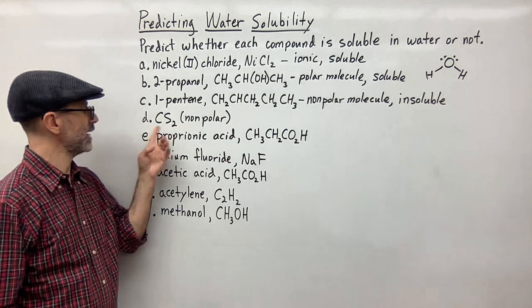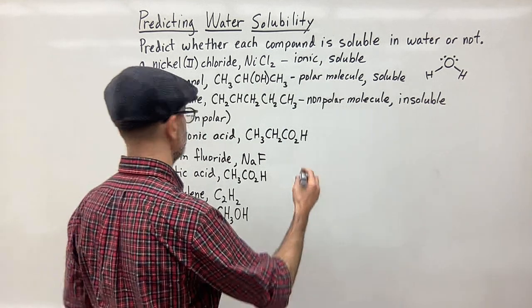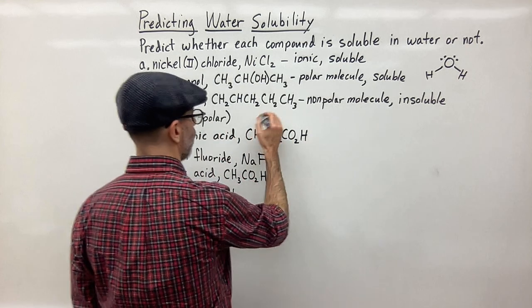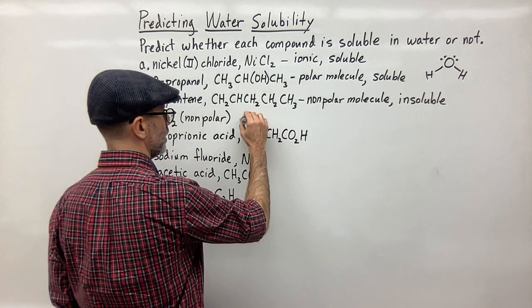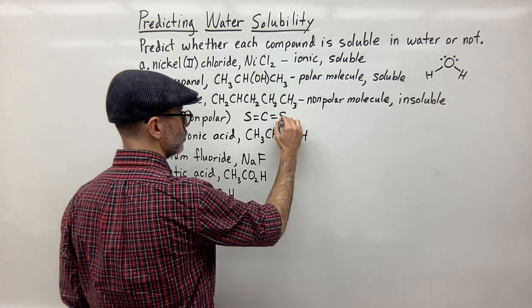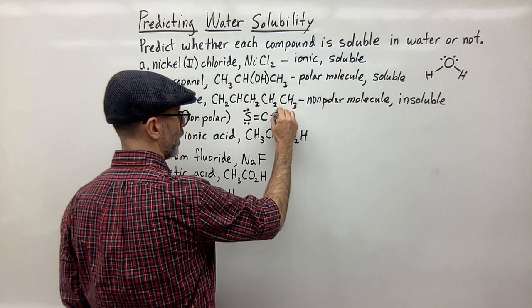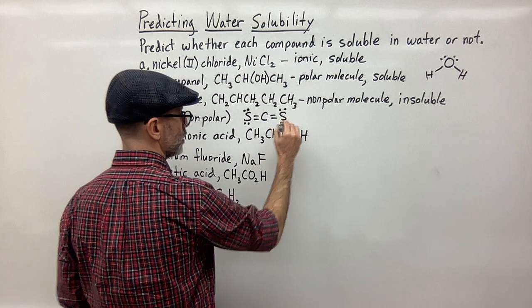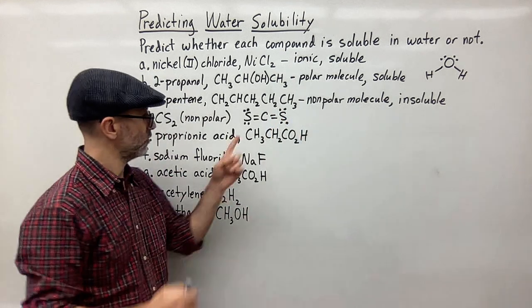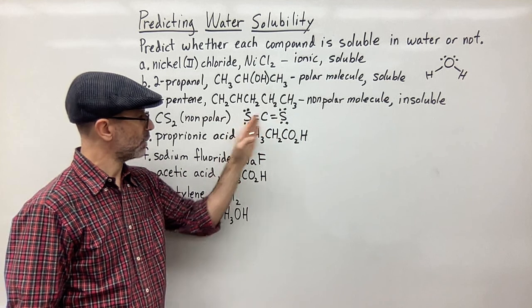Next, we have CS2. It's nonpolar. If we write the Lewis dot structure for this, you would see the S double bonded to the carbon, double bonded to the S. The sulfur has two lone pairs. And so you can see that this is going to be a linear molecule with sulfur on both sides.